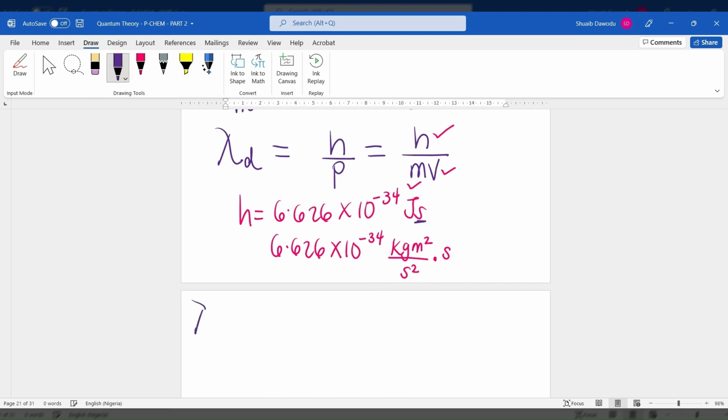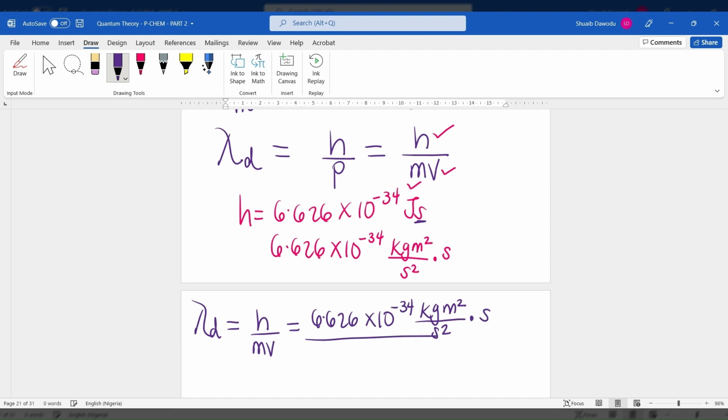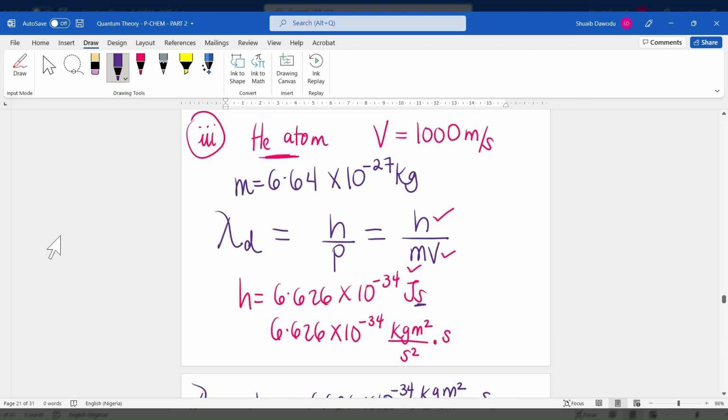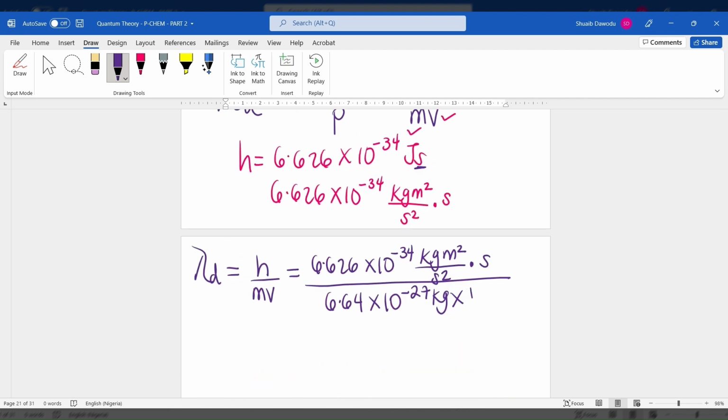So lambda sub d is equal to h divided by mv, which is just simply 6.626 times 10 raised to the power of negative 34 kilogram meter squared per second squared, multiplied by seconds, divided by mass, which is simply 6.64 times 10 raised to the power of negative 27 kilograms times the velocity, which is 1000 meters per second.